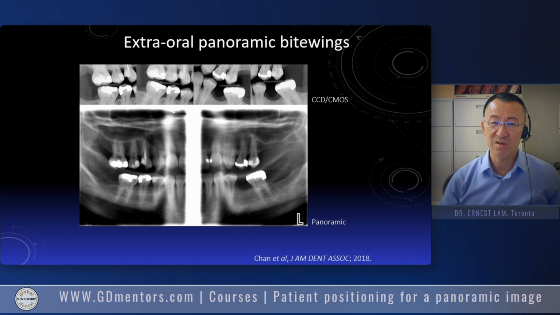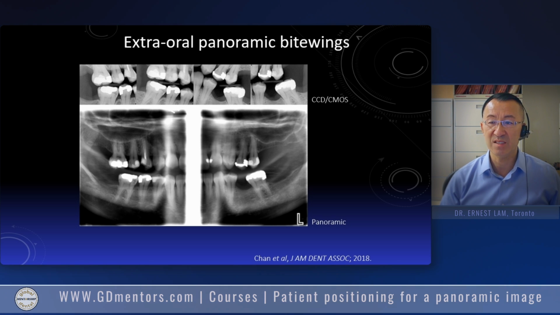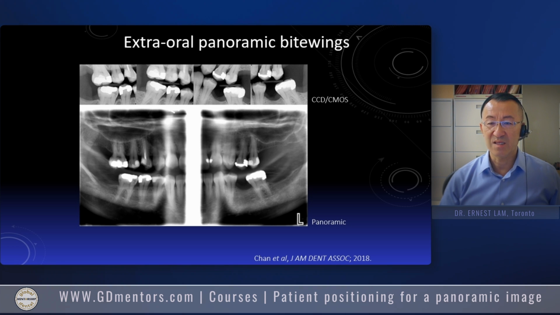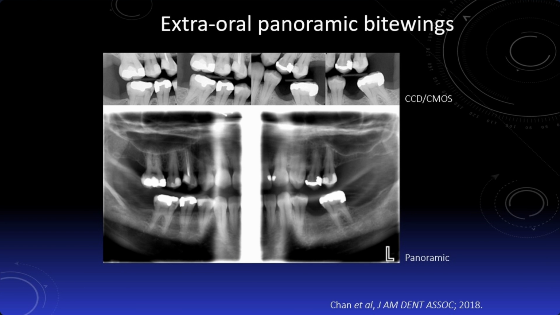In this particular experiment, these individuals were able to capture 4 conventional digital bite wings using a solid-state sensor, as well as panoramic bite wings made on a panoramic imaging system of the same patient. So you can see the quality of the intraoral images at the top of the screen, and you can see the quality of the panoramic bite wing at the bottom of the screen.